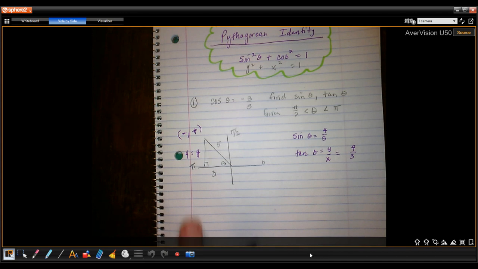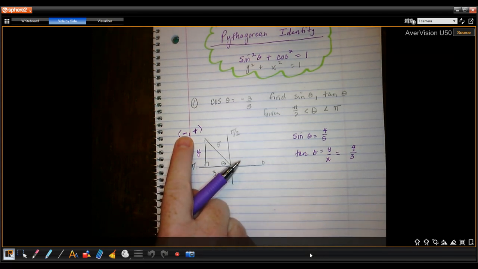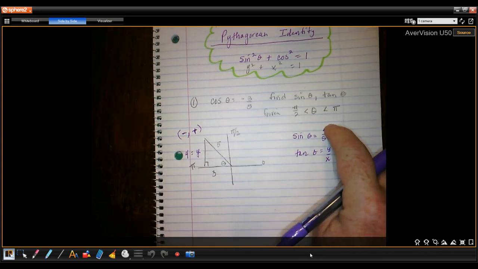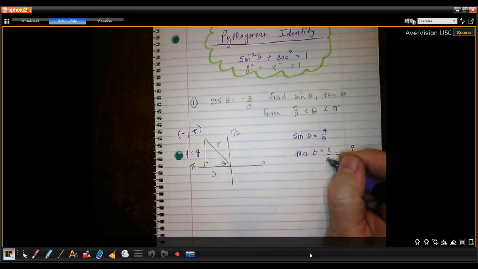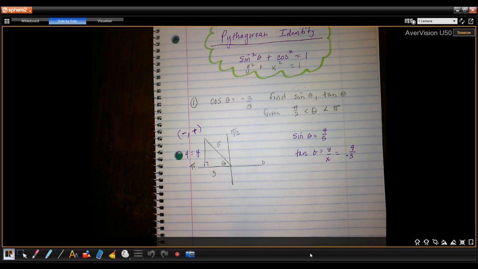That's important. So sine is positive 4 over 5, because the hypotenuse will always be positive. And then tangent is y over x. Well, x is negative right there, so that 3 is negative, but you don't normally write it like that, so the answer is going to be -4/3.